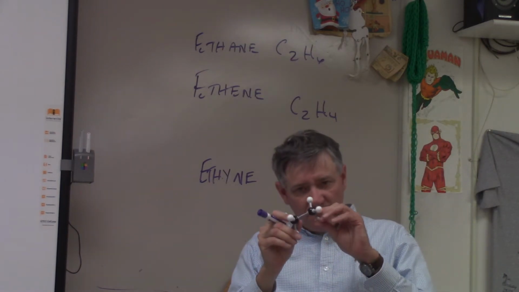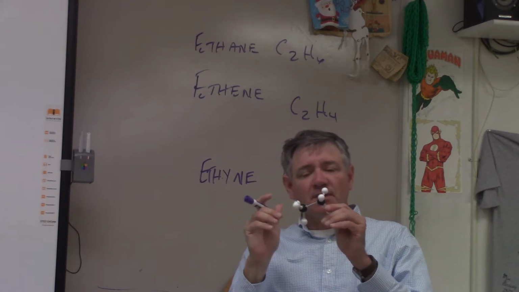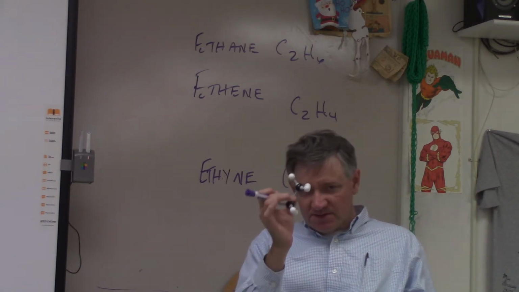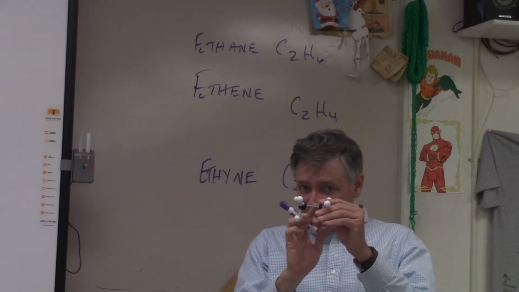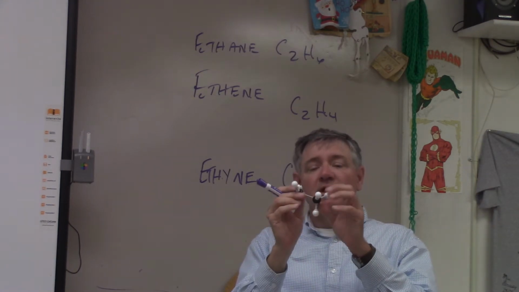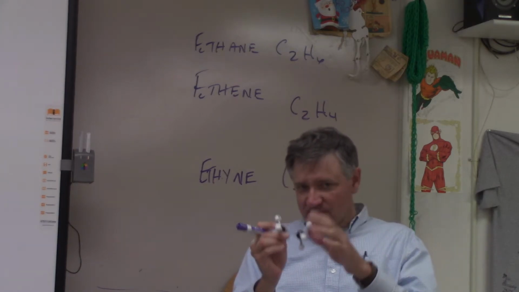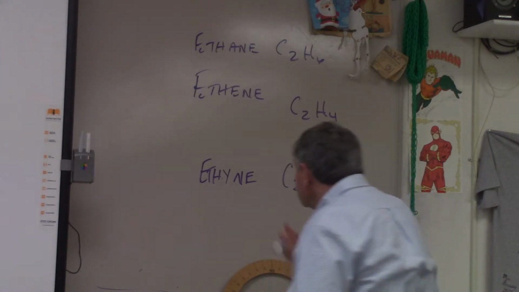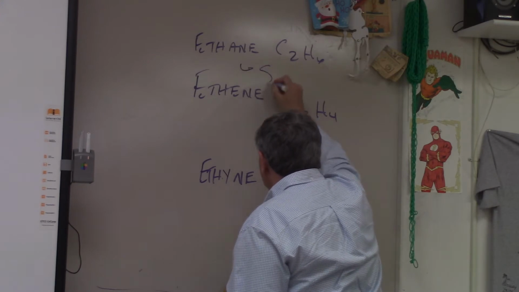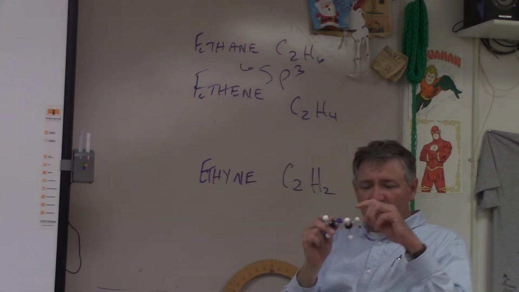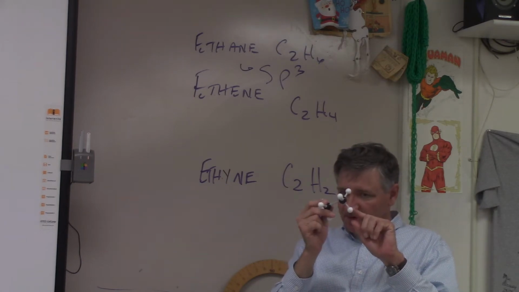If you look around the central carbon atom, you have 1, 2, 3, 4 regions of high electron density, and that's counting this bond between this carbon. So this is going to be sp3 hybridization. If you look at that bond angle, it's 109.5 degrees.